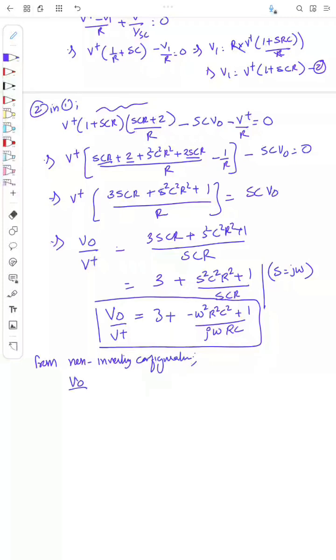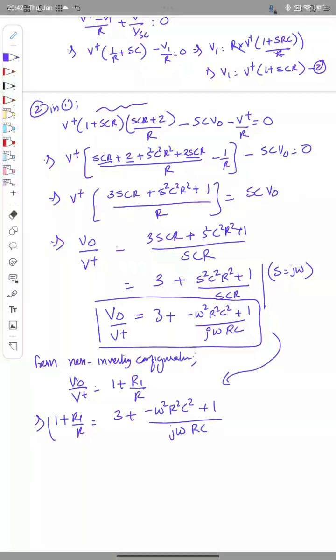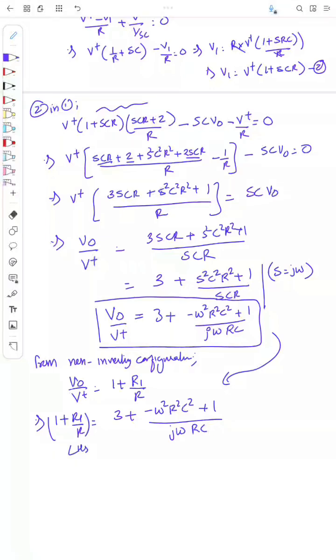I can write V naught by V plus as 1 plus R1 by R. Okay, so if I substitute this, 1 plus R1 by R will be equal to 3 plus minus omega square R square C square plus 1 by J omega RC, right? I substituted here. So I have LHS and this is the RHS.